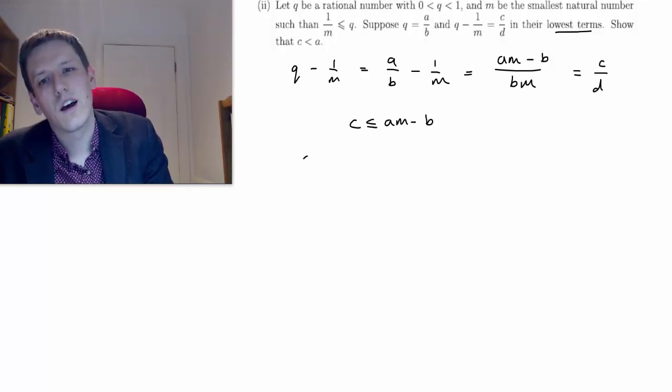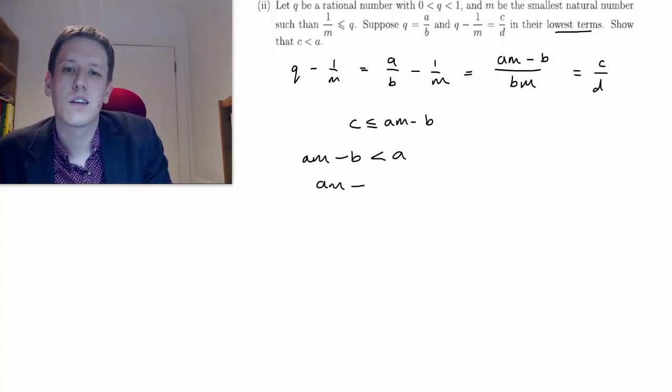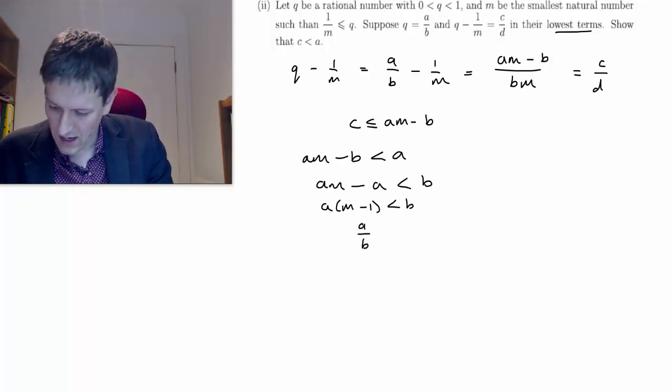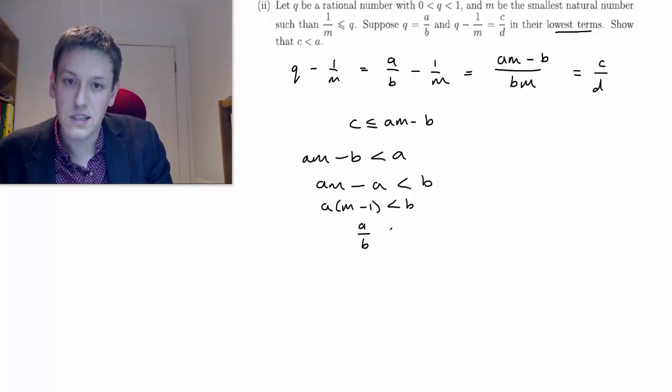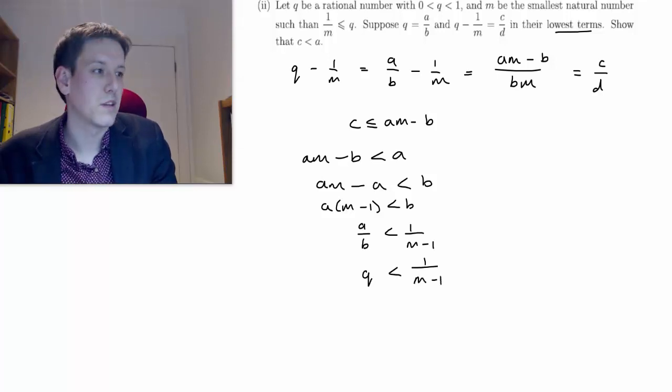I would need that I really want to find that am minus b is less than a, and if I just rearrange this, this is am minus a is less than b, so that's a times m minus 1 is less than b, and I can write that as saying that I need that a divided by b here is less than 1 over m minus 1, and remember a over b is q, so that q is less than 1 over m minus 1.